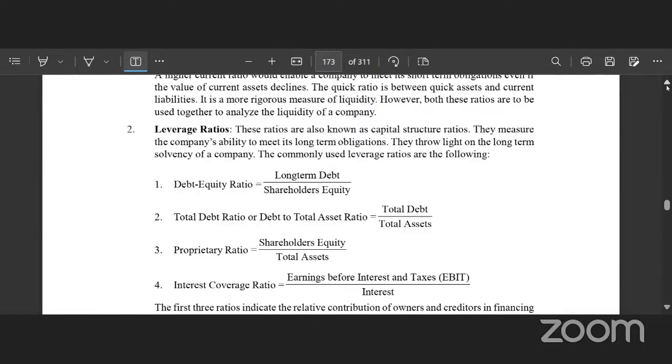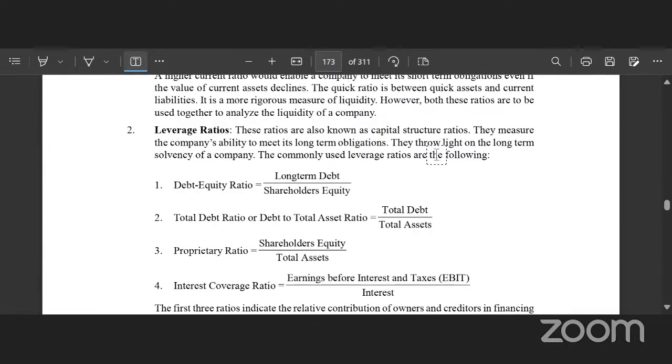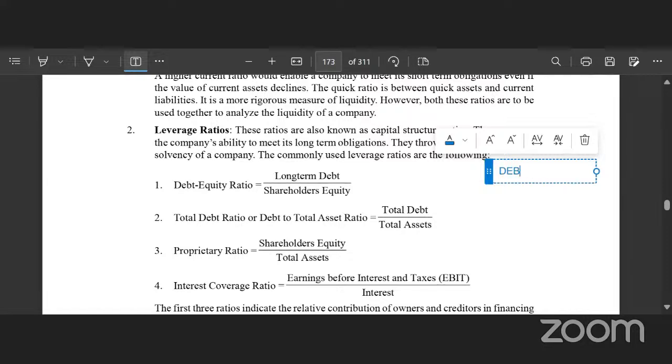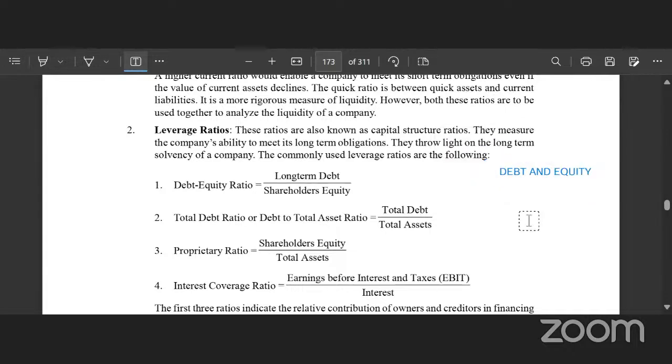When it comes to the leverage ratios, these are capital structure ratios. Capital structure means the proportion of debt and equity. The proportion of debt and equity tells the capital structure, right? So debt equity ratio, total debt ratio, proprietary ratio, everything related to debt and equity measures the company's ability to meet long-term obligations.